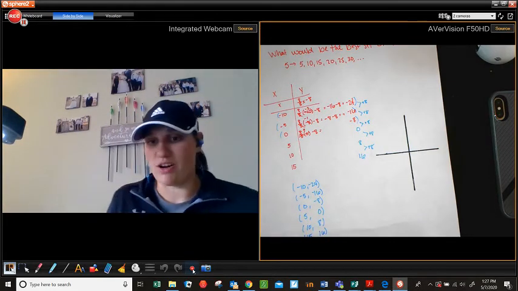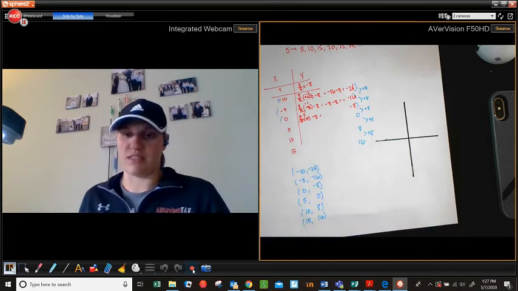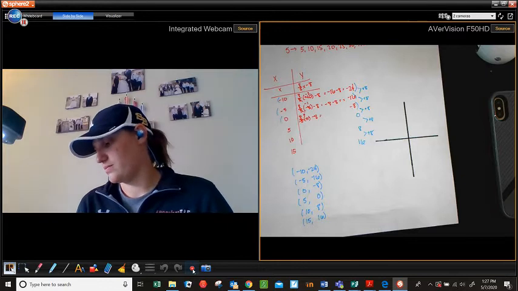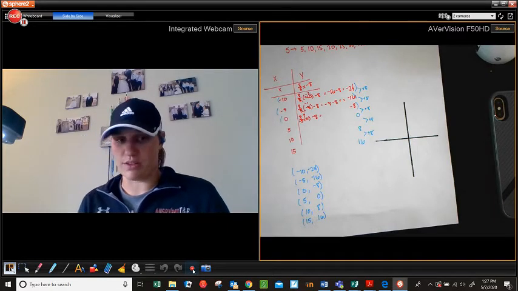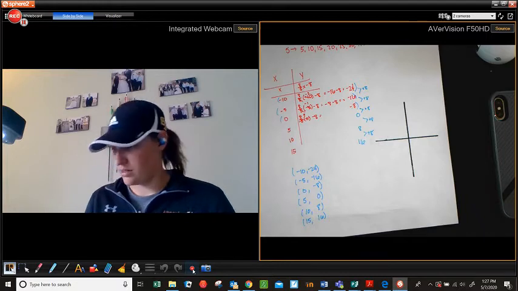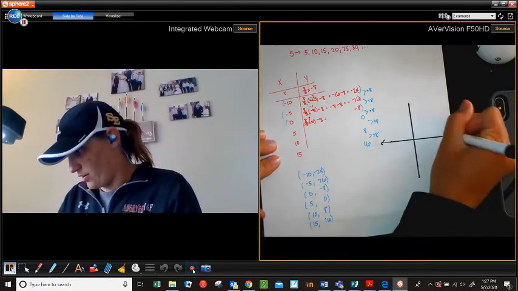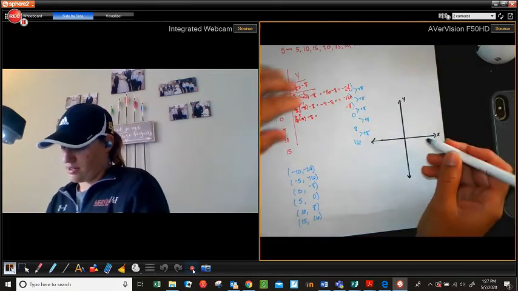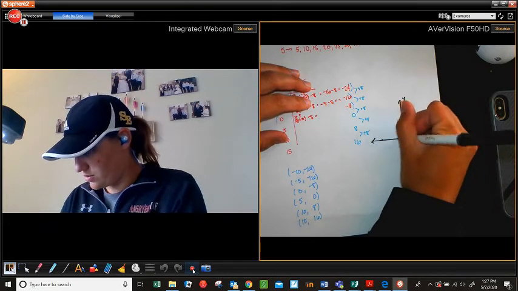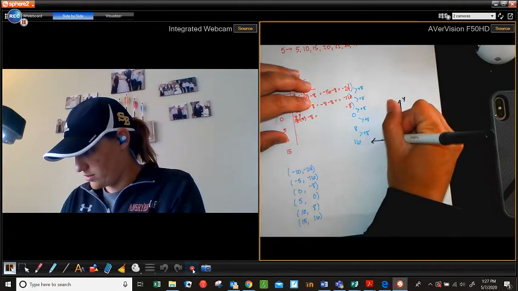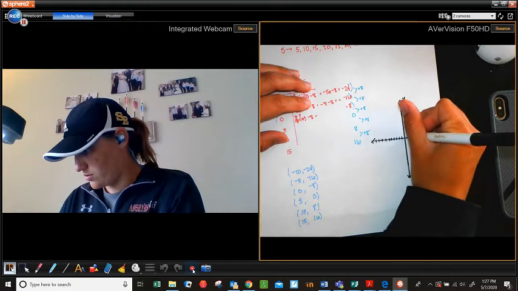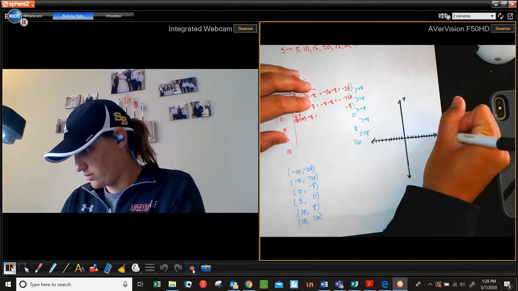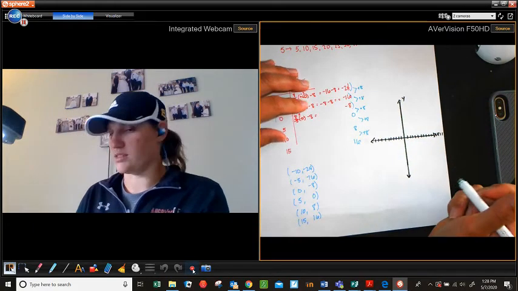Because now I'm going to try to make my graph go from negative 16 to 16 on the y-axis and negative 10 to 15 on the x. Arrow, arrow, x, arrow, arrow, y. Right, so I don't think this is going to look very good.